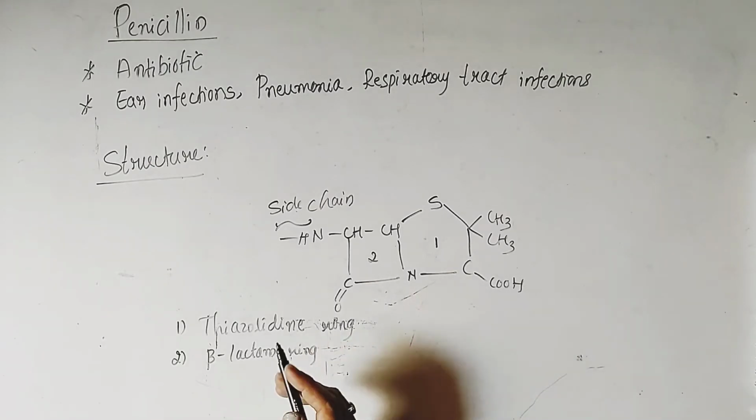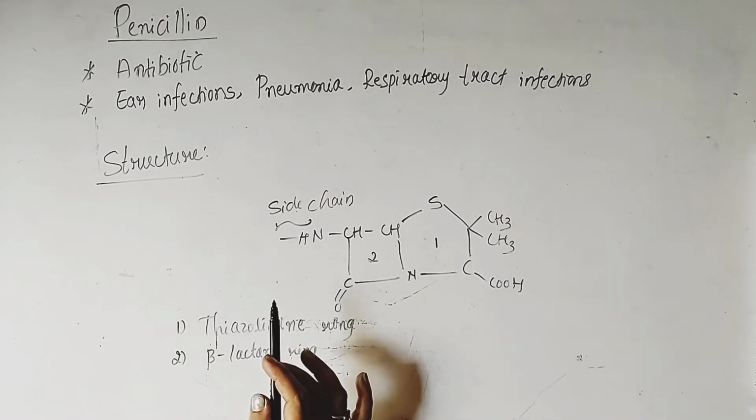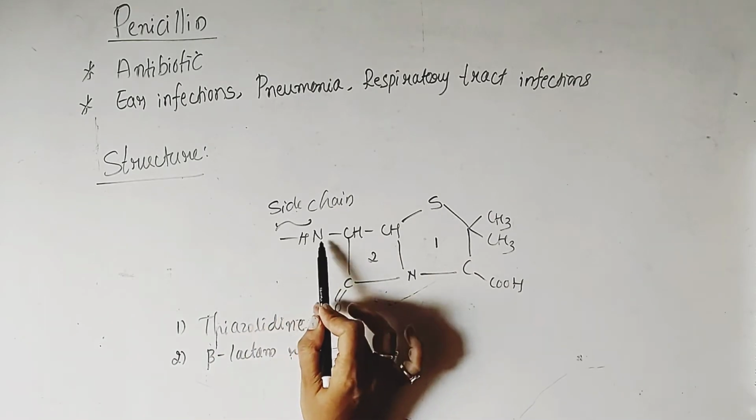Different kinds of penicillins are available, and they are classified depending upon the side chain attached to this amino group.